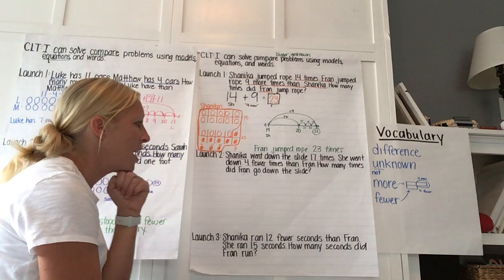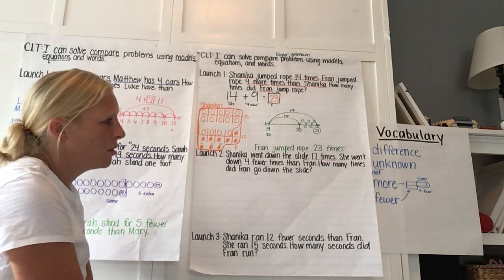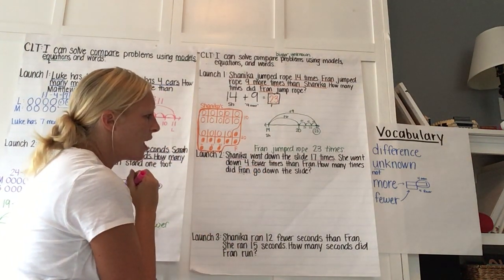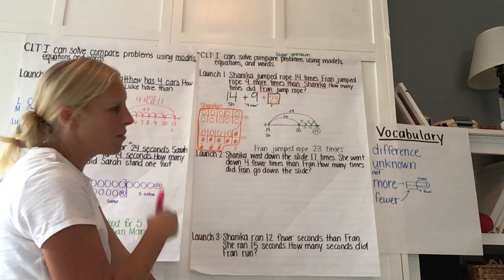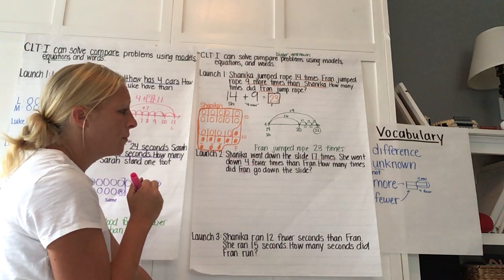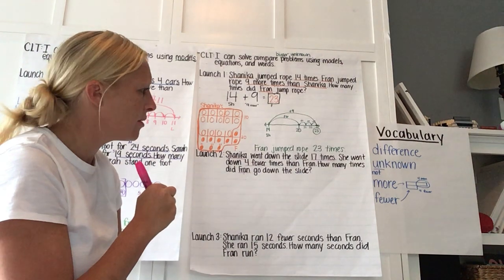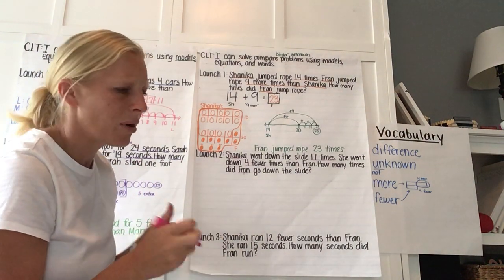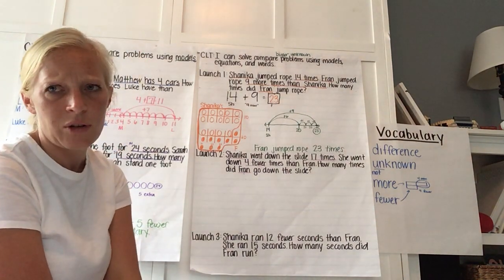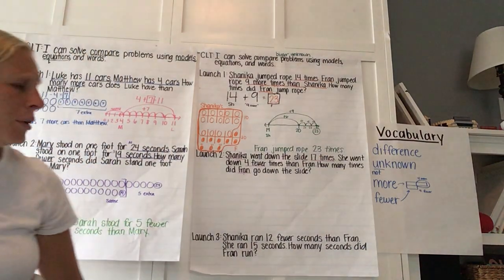So then when it says how many times did Fran go down the slide, what are we trying to find out? Okay. We want to know how many times Fran went down the slide. Is that number of Fran's going to be more or less than Shanika's 17? It's going to be more. Well, let's see. Let's go ahead and solve that and see what we think. Go ahead and get busy. Remember, you guys have your counters, you have your cubes, you have tools in front of you to do this. Please don't hesitate to break out those manipulatives. They are there to help you.